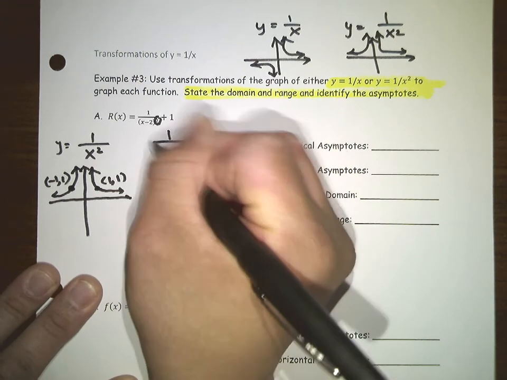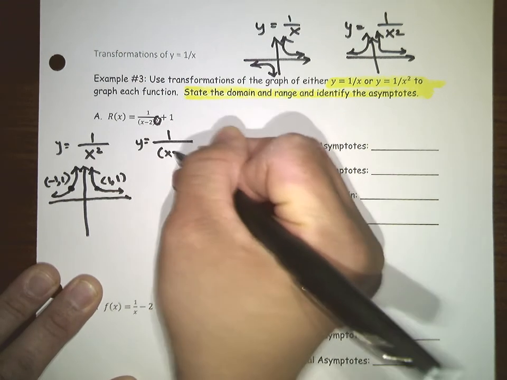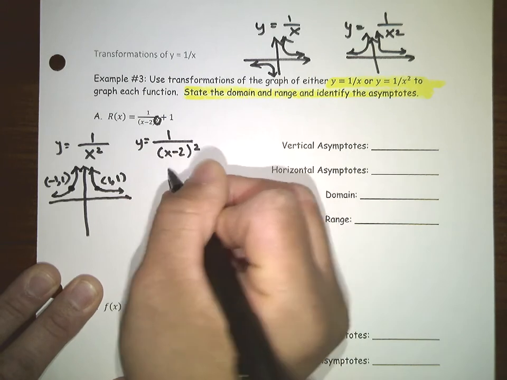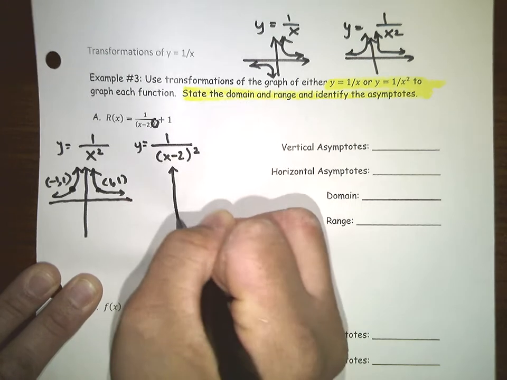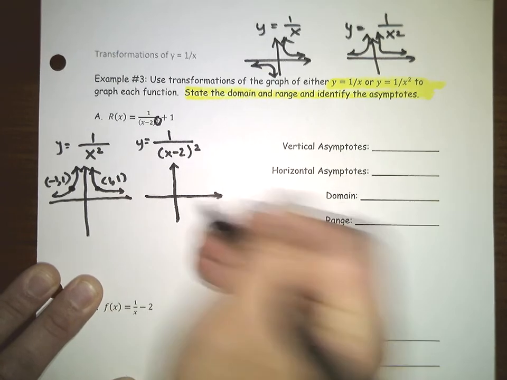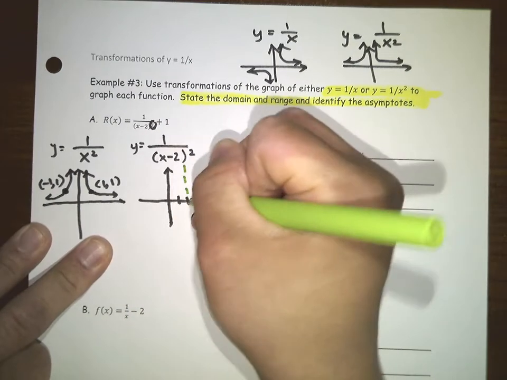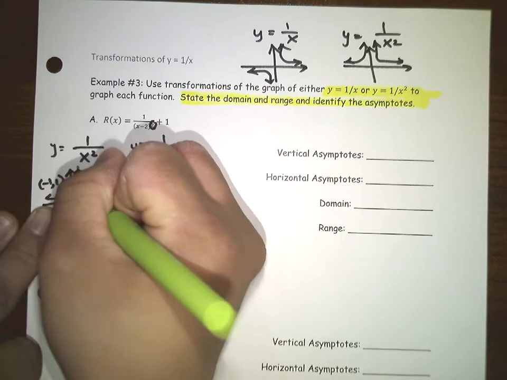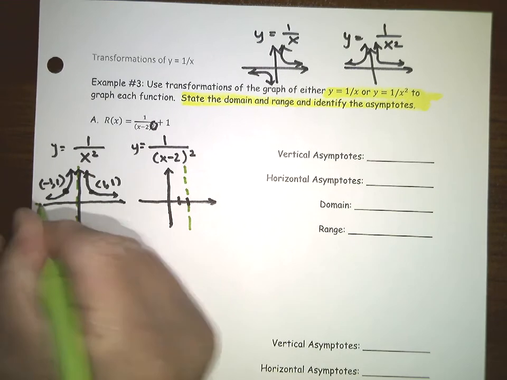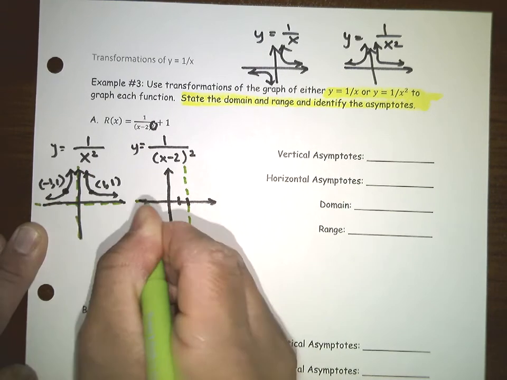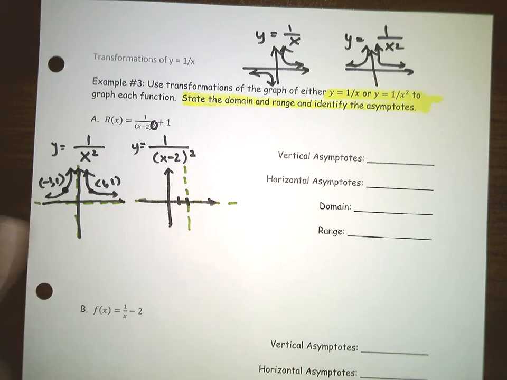So 1 over x minus 2 squared, 2 units to the right. If I shift 2 units to the right, what I need you to notice is that the asymptote also shifts 2 units to the right. So the vertical asymptote shifts 2 units to the right also.